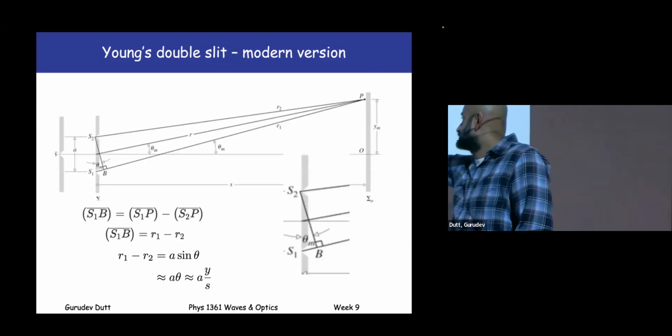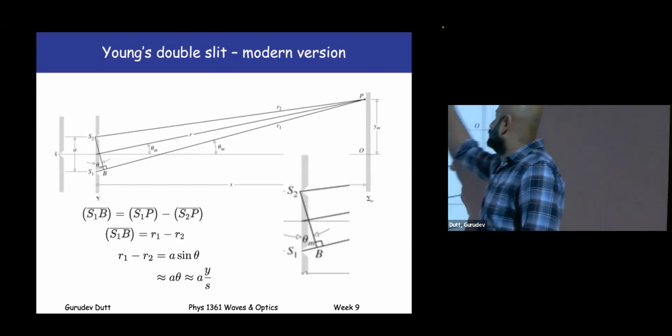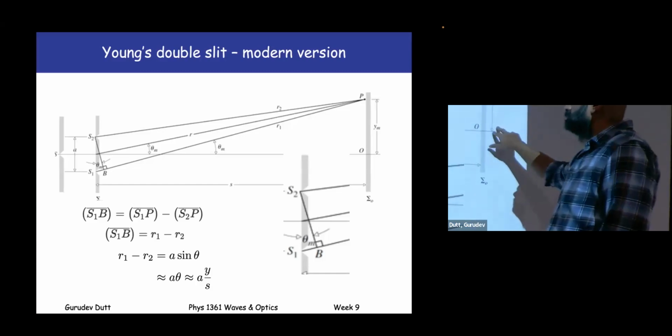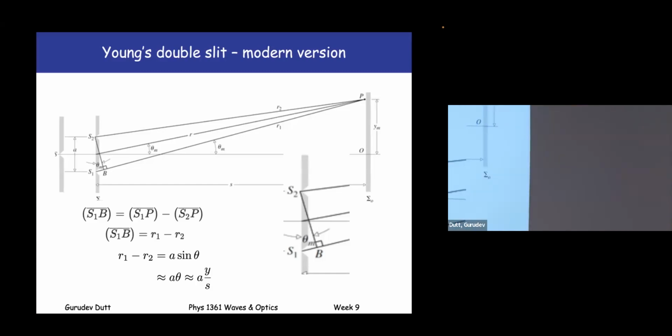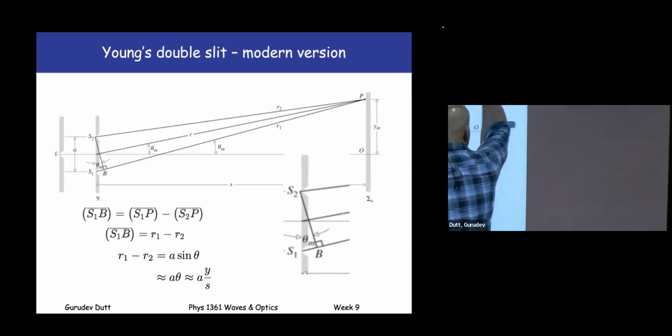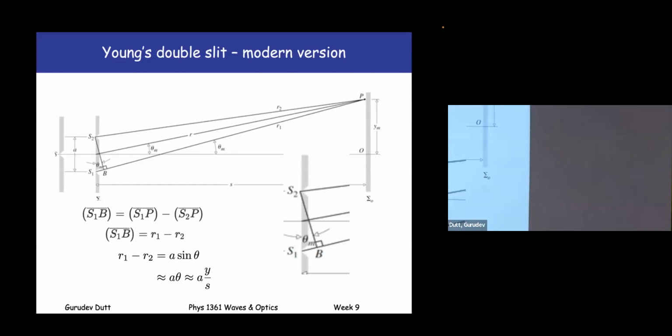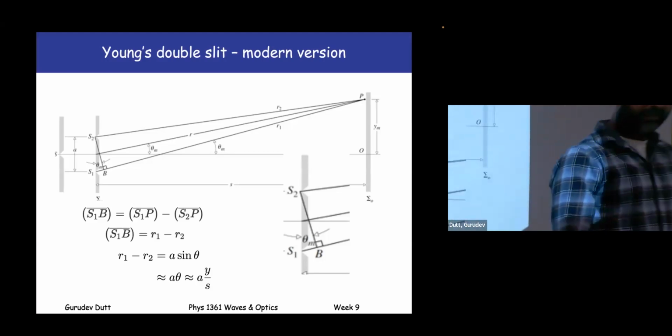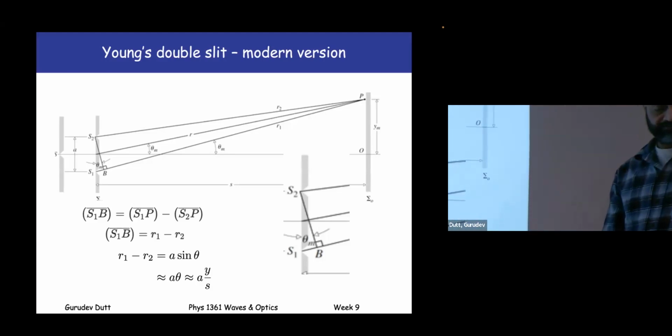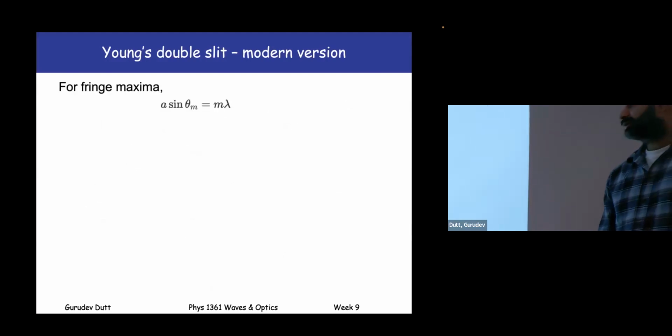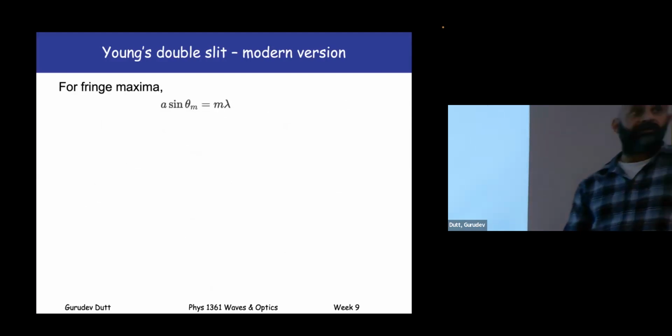And tan theta, in this big triangle over here, this is the central region up to the point P. In that big triangle, tan theta equals Y divided by S. Okay, so substituting that, I get A times Y divided by S. And that all gives me A sine theta equals M lambda.